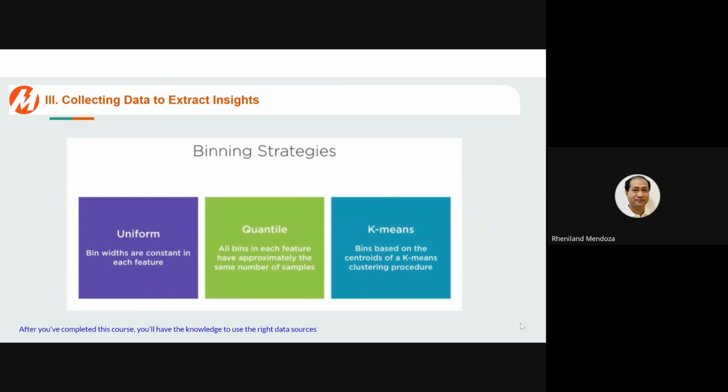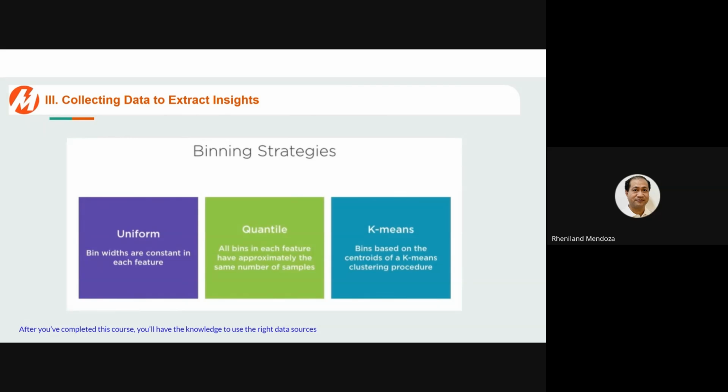Okay, going further, we actually have several different techniques or strategies that you can use for binning your data. Let's consider just 3 of these. The first is uniform binning, where the bin widths are constant in each feature.